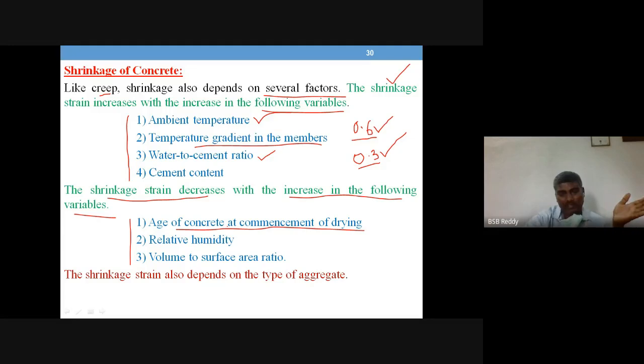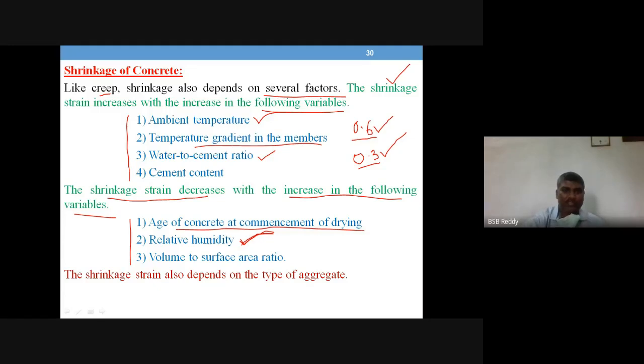As the age of concrete increases, as time progresses, just now we have seen the graph, the shrinkage strain is going to reduce. Similarly, relative humidity. If the humidity is high, the drying process will be reduced.